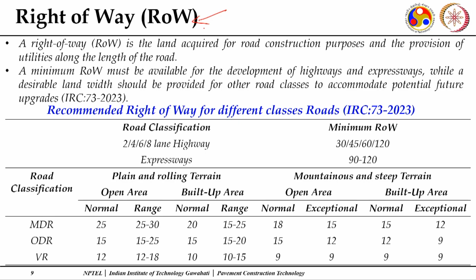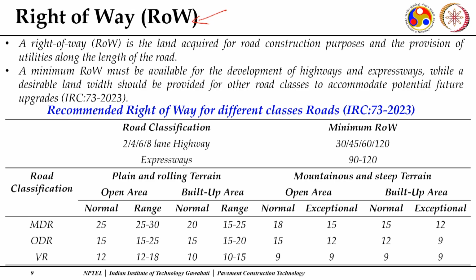Then if the road development comes up again, land acquisition becomes very difficult. You may want to have more features, safety features, so it is very important to acquire the required amount of right of way, and to control it and keep it available throughout the life of the road.